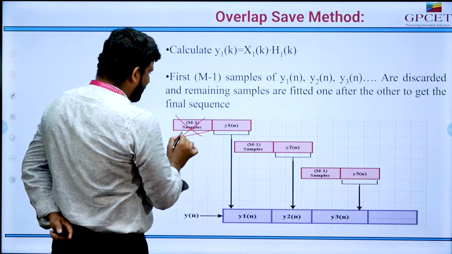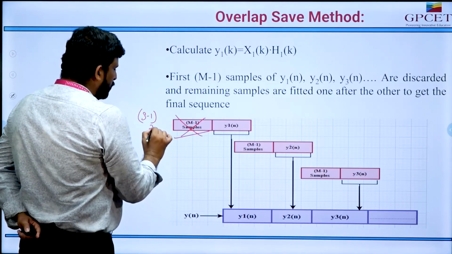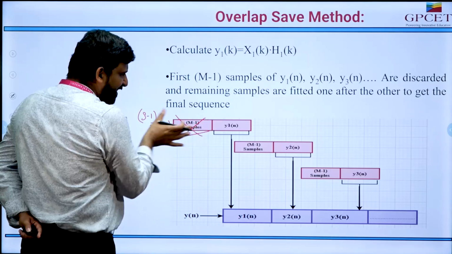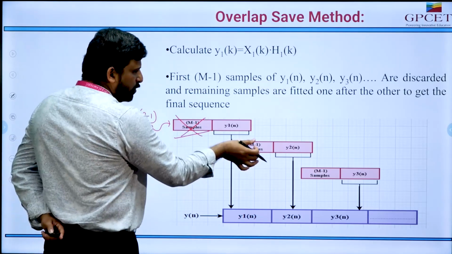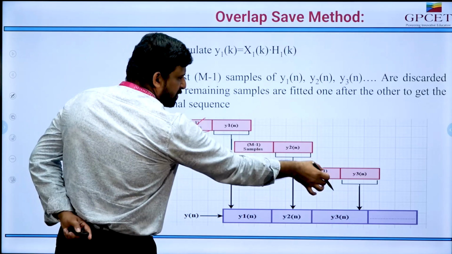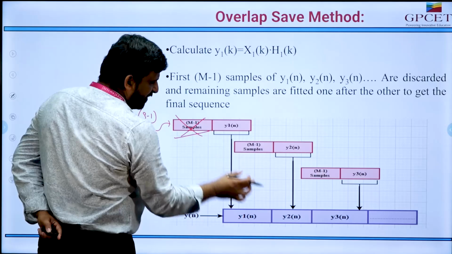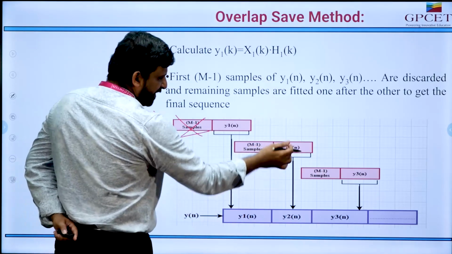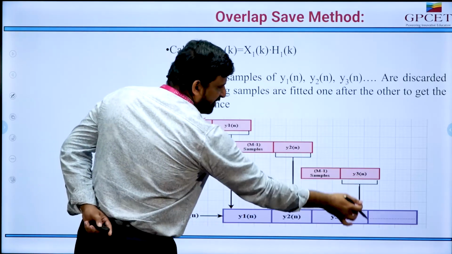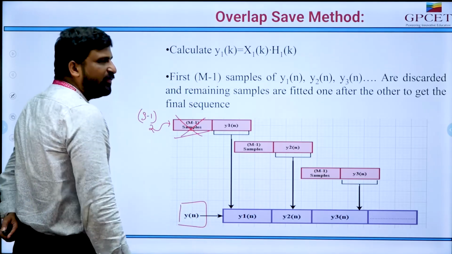For example, M is equal to 3, so 3 minus 1 means 2. That is, 2 samples are discarded in front of y1 of n. Here also 2 samples are discarded in front of y2 of n. In this also 2 samples are discarded in front of y3 of n. The remaining samples I am fitting here: y1 of n remaining samples, y2 of n remaining samples, y3 of n remaining samples. Like this, finally I am going to get the value of y of n.